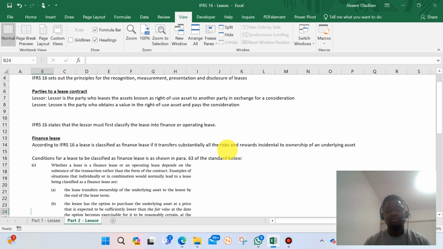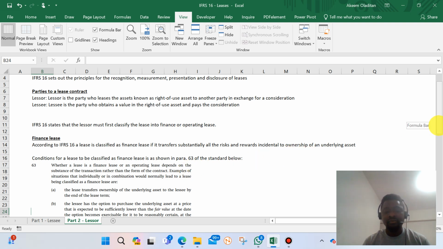Also, all the risk, in terms of insurance and major repairs and maintenance on the aeroplane, is borne by the lessee, and the lessee will continue to earn the reward of ownership for those 23 years, which is substantially most of the useful life of the aeroplane. So we say that it transfers substantially all the risk and reward incidental to ownership of an underlying asset. That's what the standard says.